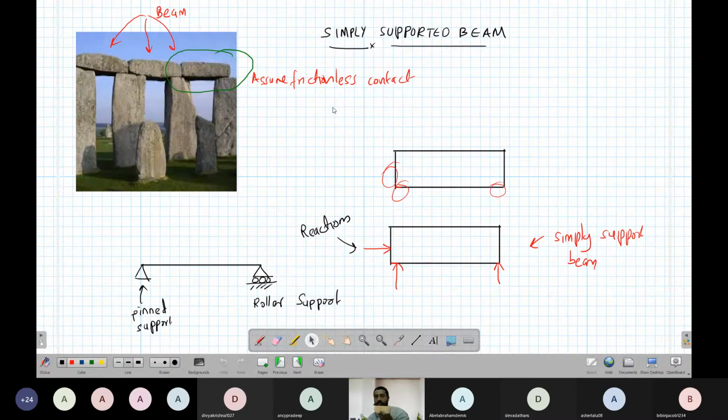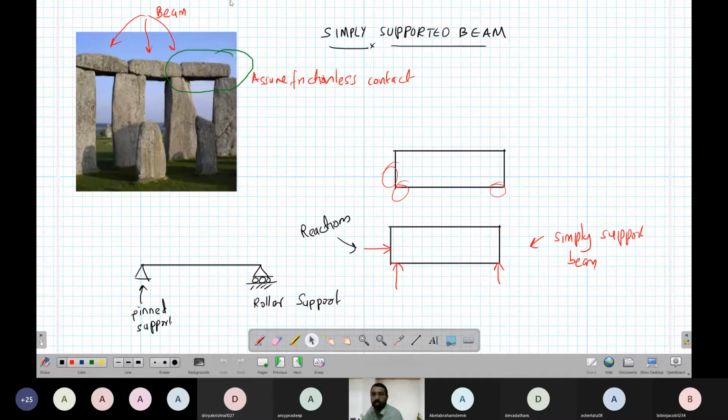When I apply some force, the force acts downward and the body is supposed to move down, but the support is holding it. So when I apply a force in this direction, the support gives a force in the opposite direction. The summation of all the forces in y equals 0, and that is stable.